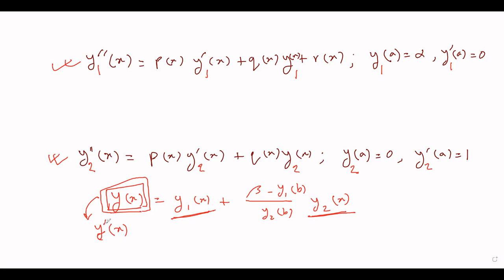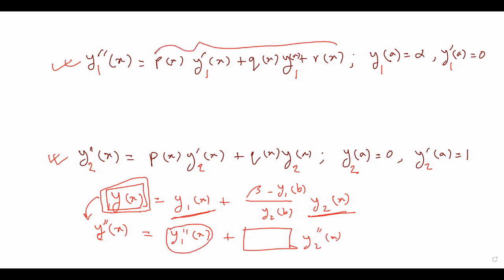So if you differentiate this y of x twice, you get y1 double prime x, and this is a constant, times y2 double prime x. So what I'm going to do now is replace y1 double prime x here by the right hand side, and we are going to do similar for y2 double prime as well.